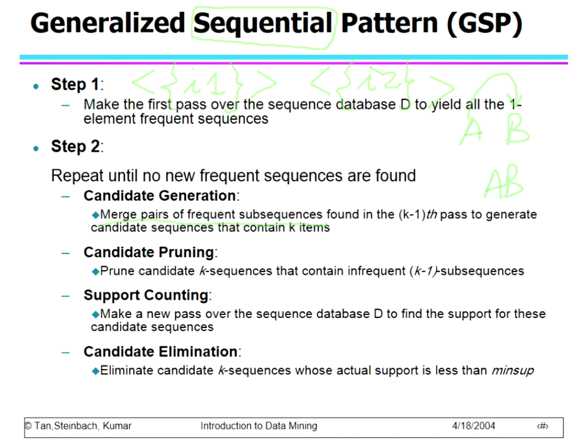When we merge these sequences, merging two sequences will produce two candidates: I1, I2, and I2, I1. This is the difference between the Apriori algorithm to extract frequent item sets and the generalized sequential pattern. Any other questions?